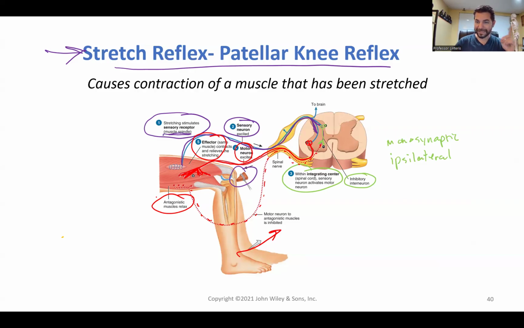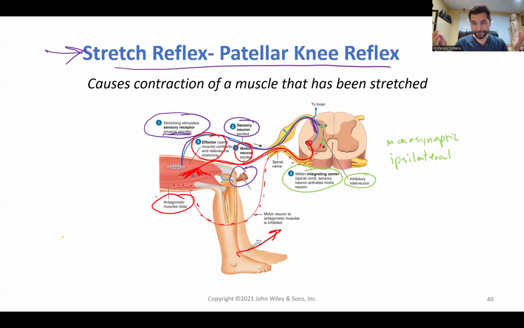The muscle spindle detects the stretch, sends a sensory message in, integration occurs with the help of that interneuron. A motor message gets sent out to contract the quads, causing leg extension. And at the same time, an inhibitory message gets sent to the hamstrings to make them chill out and relax.